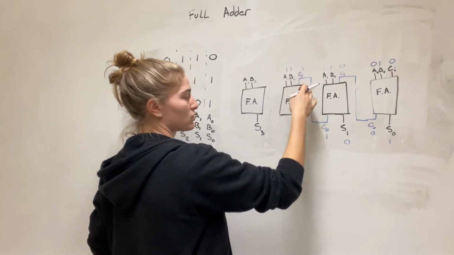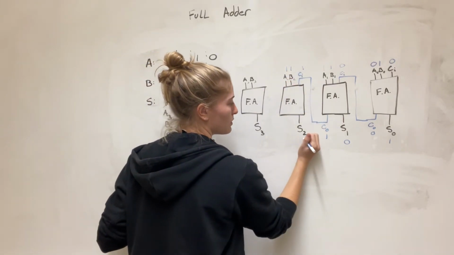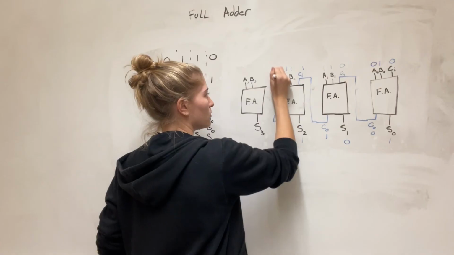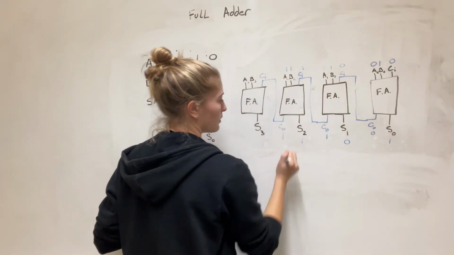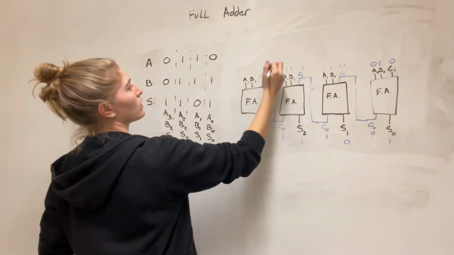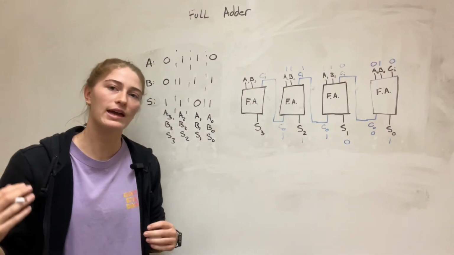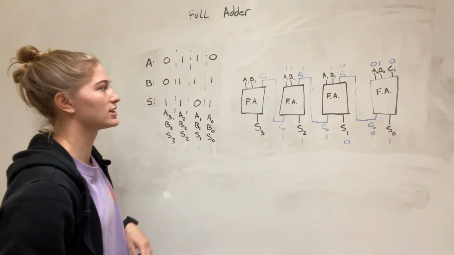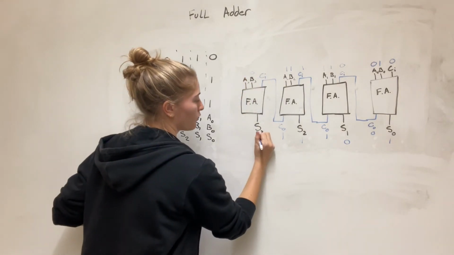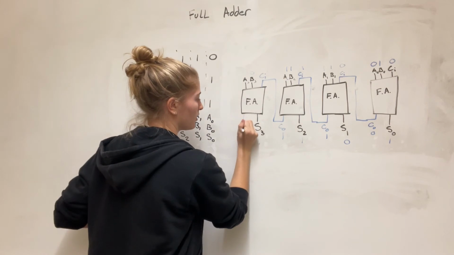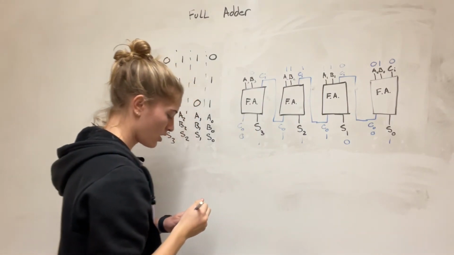So 1 plus 1 plus 1. Our sum is going to be 1, and our carry out is also going to be 1, which makes our carry in for the next one a 1. And A3 and B3 are 0 and 0 with a carry in of 1. That becomes a sum of 1 and a carry out of 0.